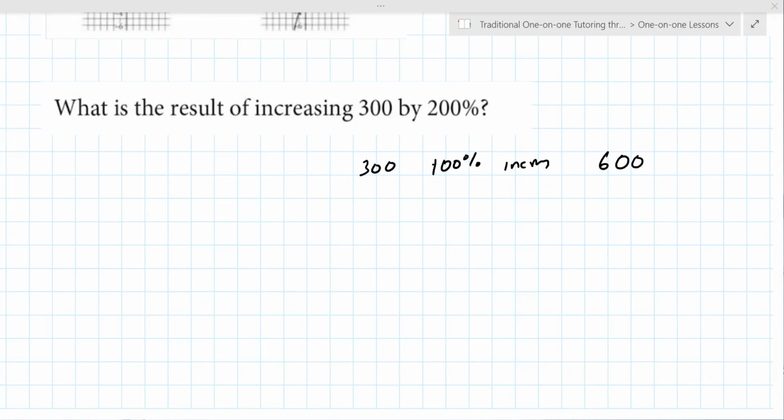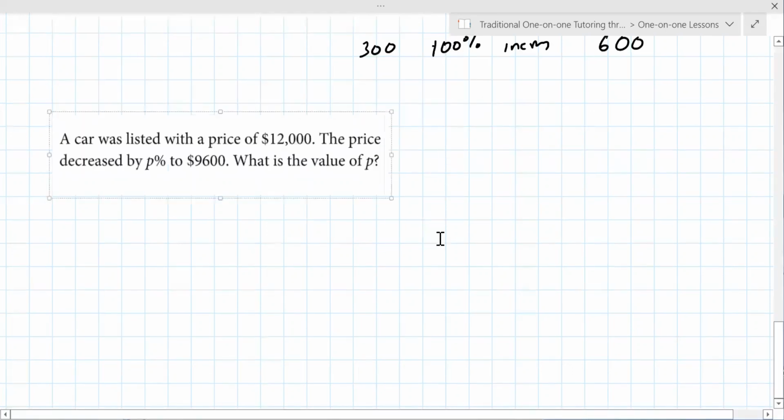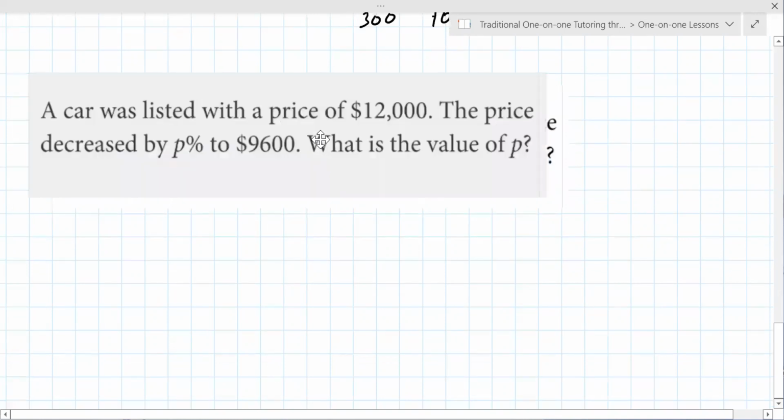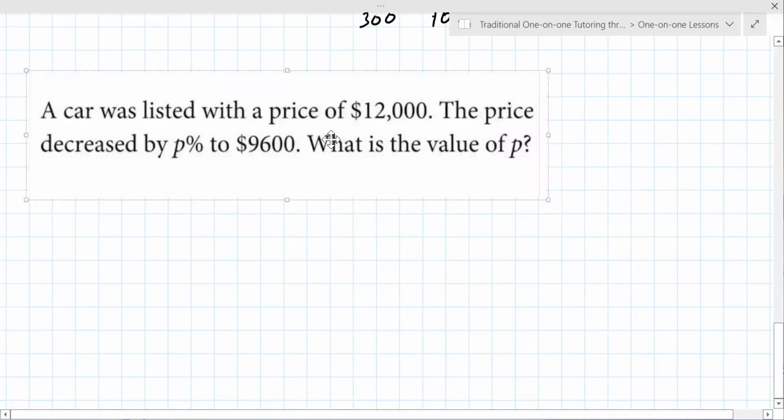And you know, the point is that you can also get really fixated on the calculator where you don't actually get the help you think you're going to get from it. So here's a good example of that. A car was listed with a price of $12,000. The price decreased by P% to $9,600. What is the value of P?